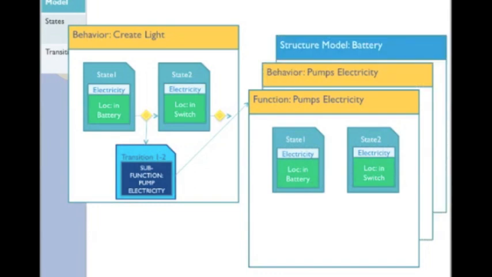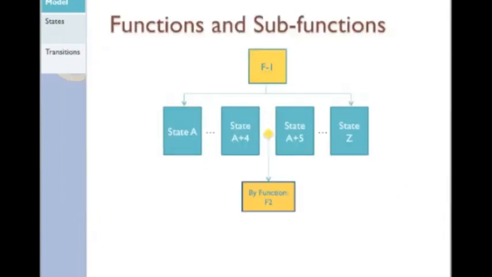And of course, this could have its own behavior structure model, etc. More abstractly, a transition, say between the states a4 and a5, could be explained by the function of a subsystem, in this case f2. Like all functions, the subfunction will have its own beginning state and objective state. The beginning and objective states of the subfunction f2 can be mapped to the state changes in the behavior a4 and a5 above.